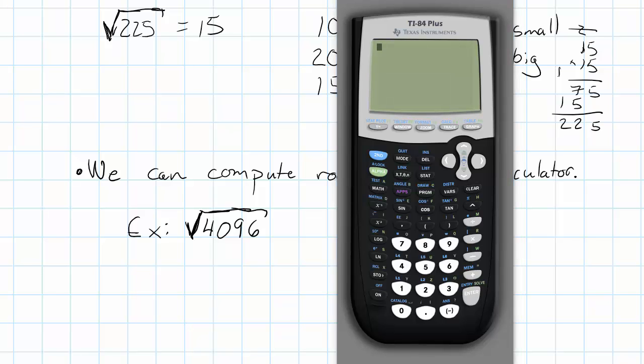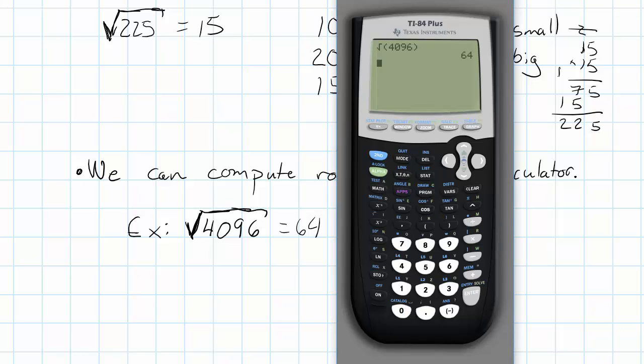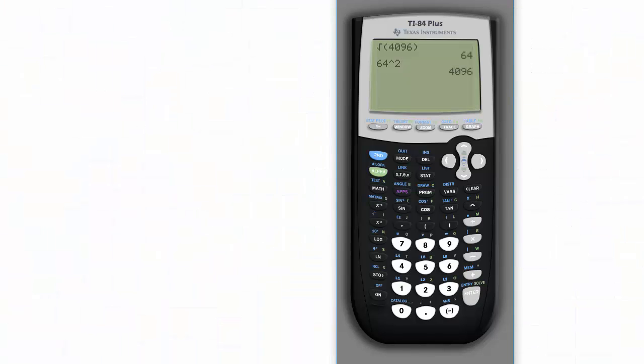So we'll hit second, and then the x squared button. I see we have a little square root with an open parenthesis. Type in everything that's inside the square root. Close the parenthesis, and we see that the square root of 4096 is 64. Not sure? Let's make sure. 64 to the second power really is 4096.